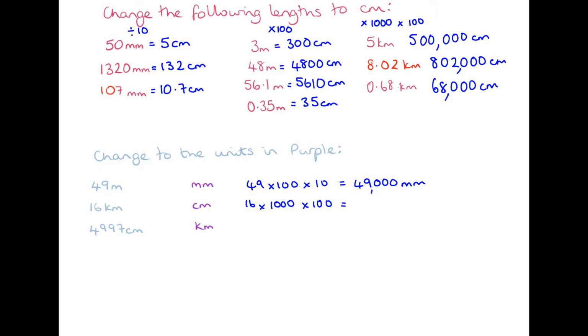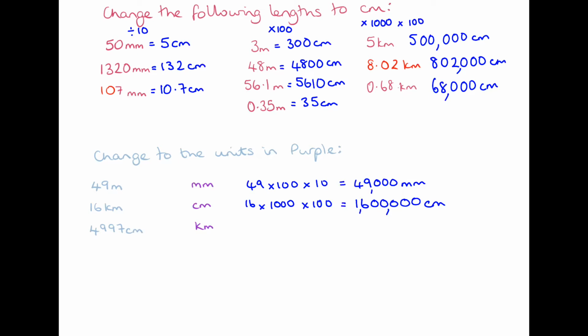So 16 times 1,000 is 16,000. And then multiplying that by 100 as well gives you another 2 zeros. So count to know where our commas go. We've got 1, 2, 3, then we can put a comma, and then 1, 2, 3, and we can put another comma. So what that actually says is 1,600,000 centimetres.